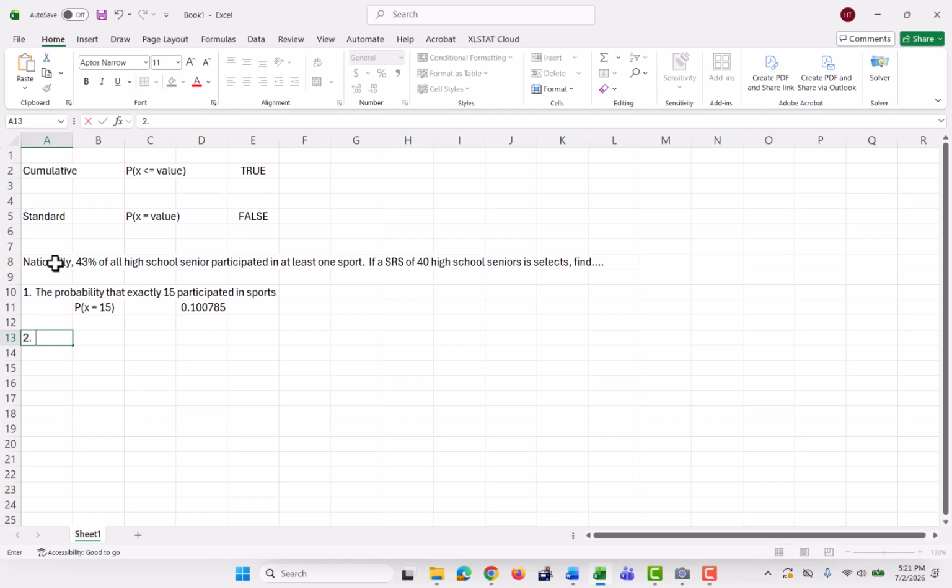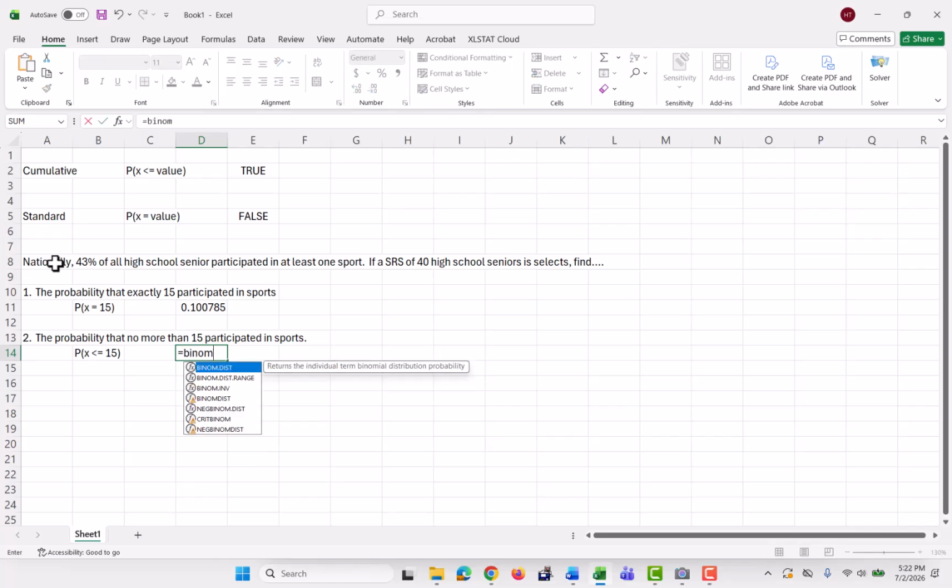So problem 2, the probability that no more than 15 participated in sports. So this is 0 up to 15. The 15 is included. So this is going to be equal to binom.dist.